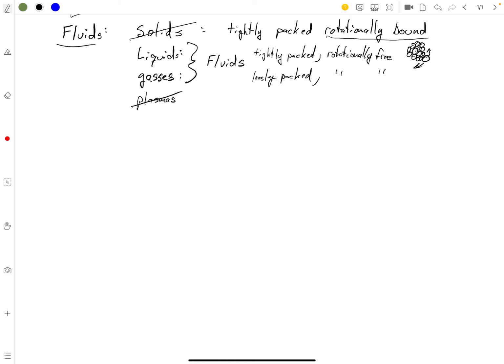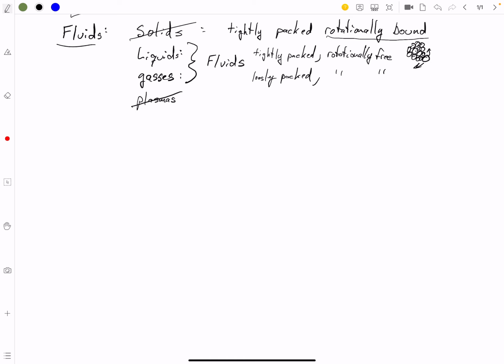Liquids are also linearly free. However, gases are particularly linearly free. Let's just say liquids aren't necessarily linearly free.